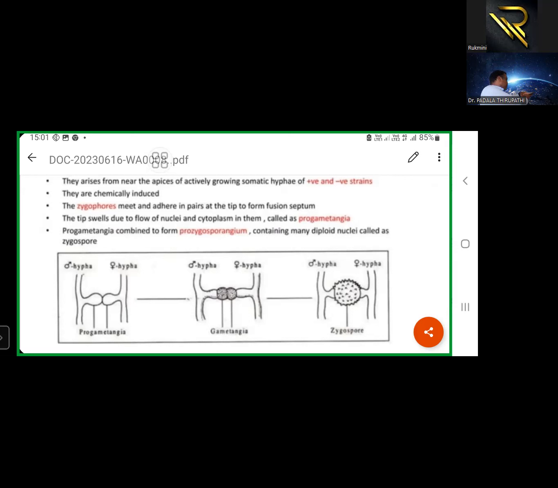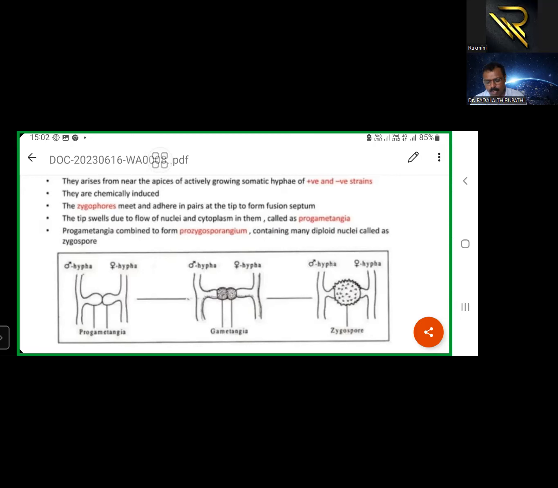So like this, two strains produce two gametangia. These are enlarged in size, so now they are called gametangia. In the initial stage, they are called progametangia. Once they increase in size and reach maturity, they are called gametangia. These two gametangia come close to each other and grow towards each other.